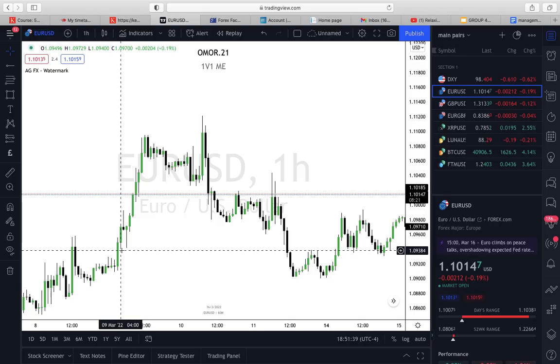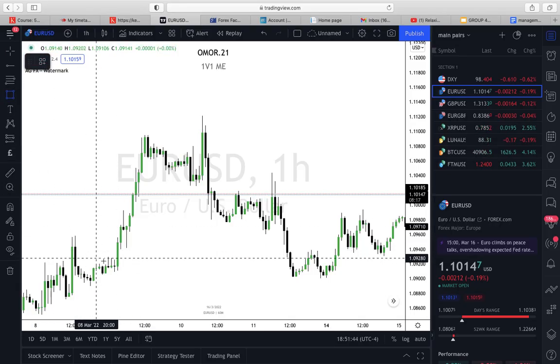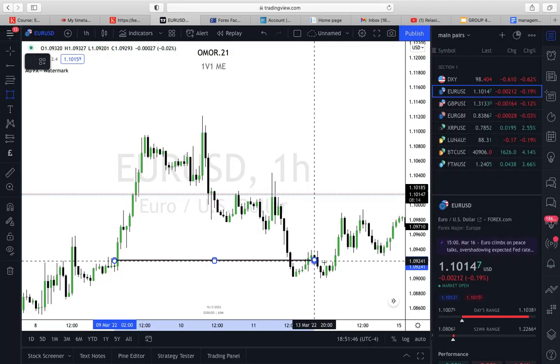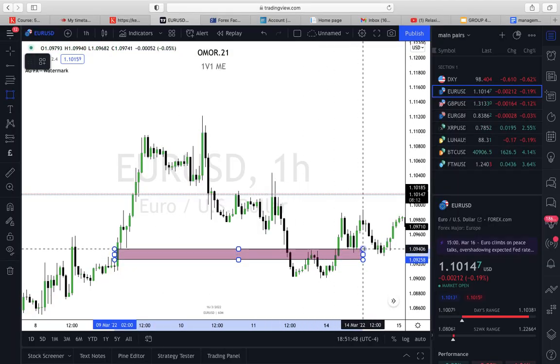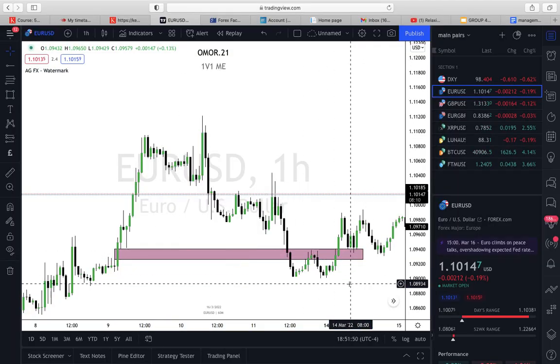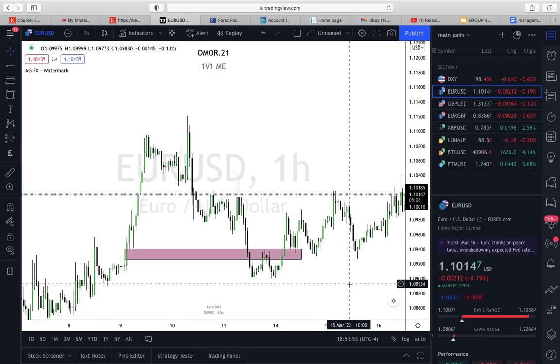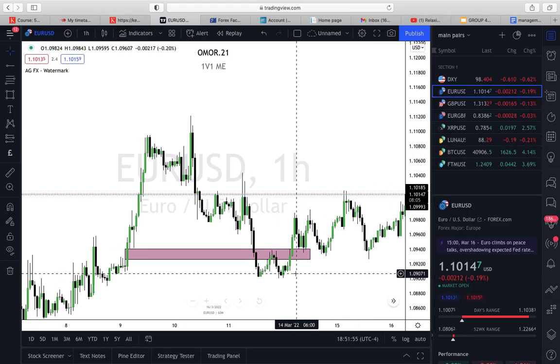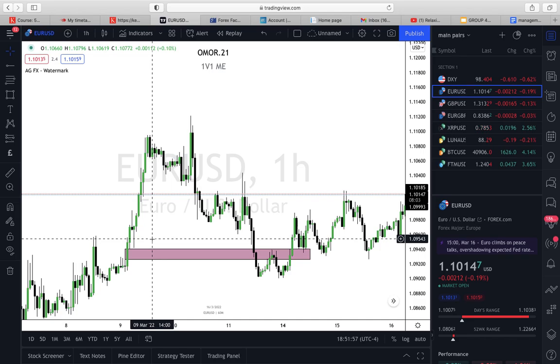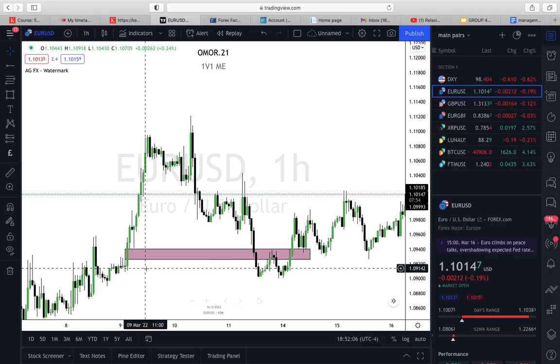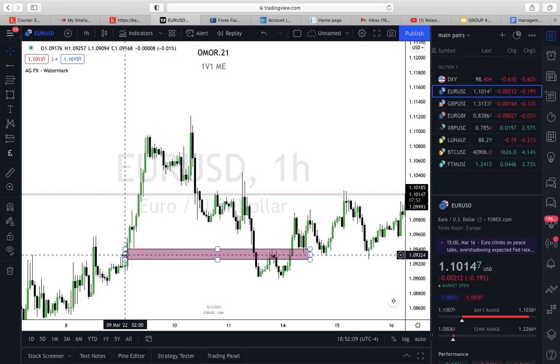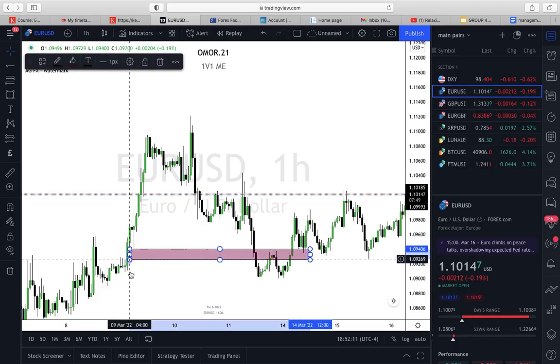After this imbalance, the last mitigation that trades into this imbalance, I class this as my quote unquote support level. Why would this be my institutional support level? It's because it's an area of imbalance. Within this candle, there was imbalance.